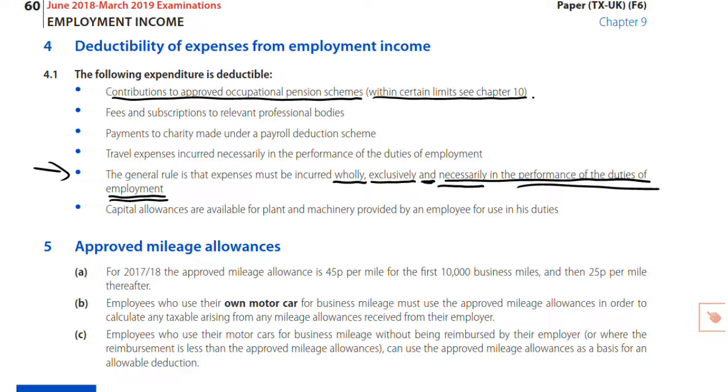What we now see is this approved occupational scheme here. This pension scheme is an occupational pension scheme, i.e. it is one run by the employer. Now what that will mean is that it isn't just the employee that may make contributions into the scheme on behalf of you, the employee. The whole point of an occupational pension scheme is with or without employee contributions, there will always be contributions made by the employer there.